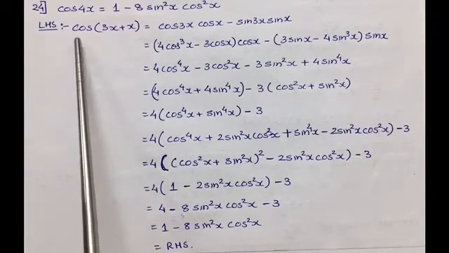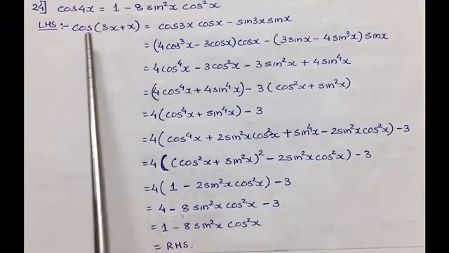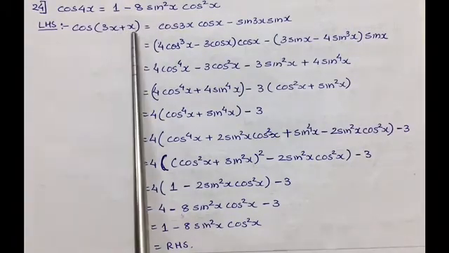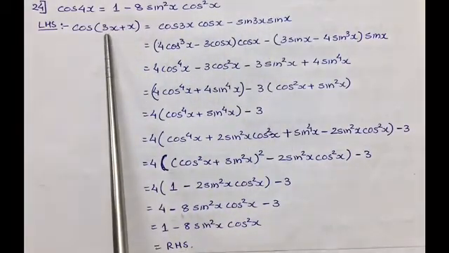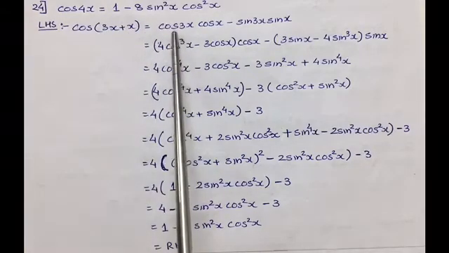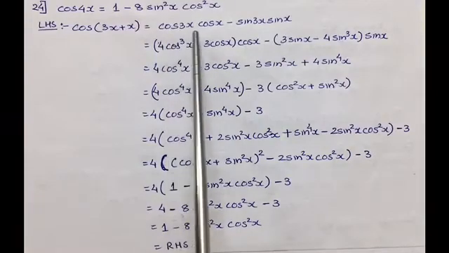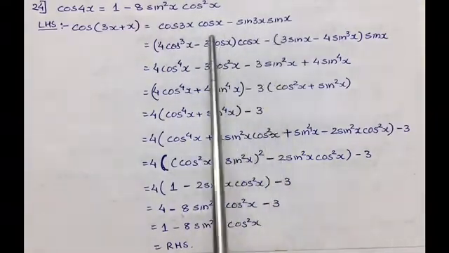Now we got cos of 3x plus x, which means we have to make use of the cos x plus y formula. Now the cos x plus y formula is cc minus ss. Instead of x we have 3x, instead of y we have x. So using cc minus ss, we have cos 3x cos x minus sin 3x sin x.